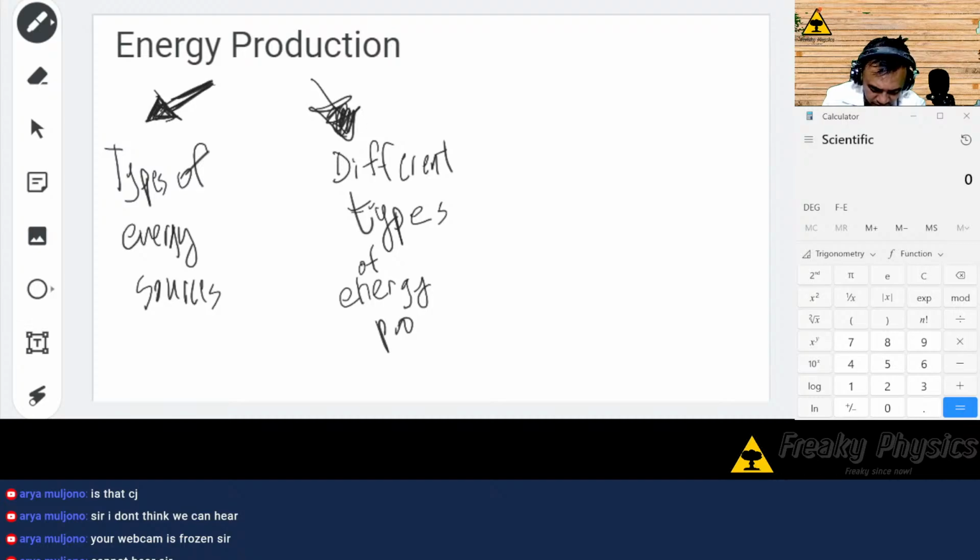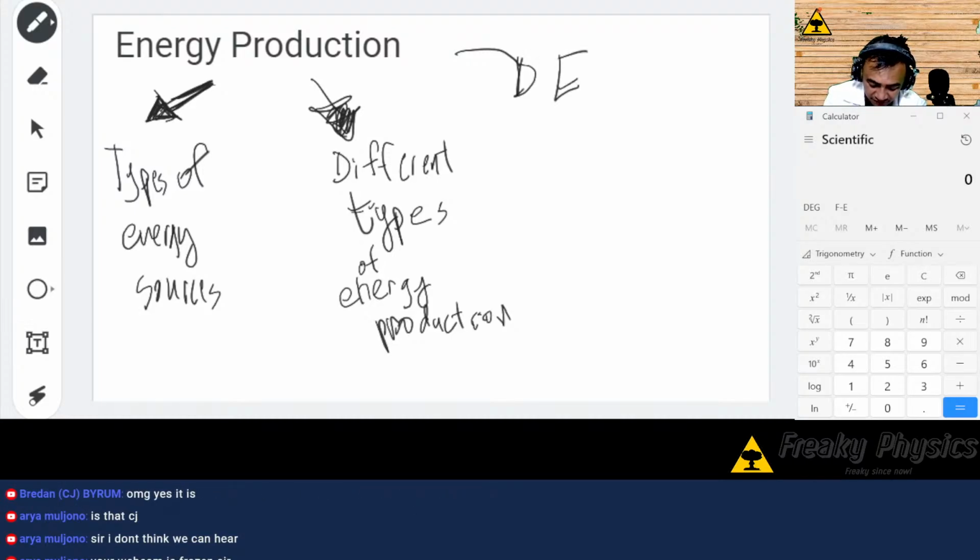And then the third one is energy density and specific energy.